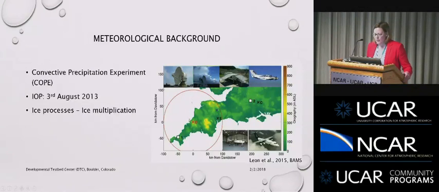In this case, 2 convergence lines formed parallel to the coastline of southwestern England and started developing convection and cumulus clouds. In this case, the main question was how ice processes and ice formation, especially ice multiplication, play a role in the formation of precipitation on the ground.